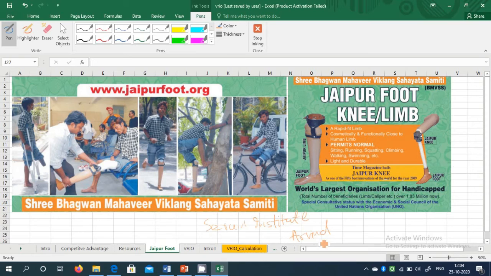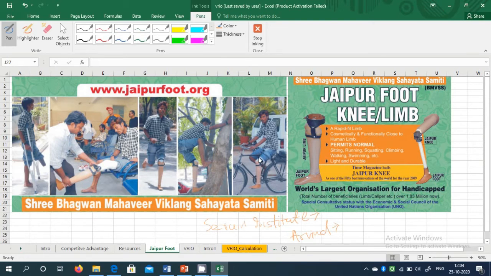These organizations maintain a uniqueness because of their cost and affordability for people in developing and underdeveloped countries, as well as poor people of the developed countries. The total number you can see is 1.83 million.